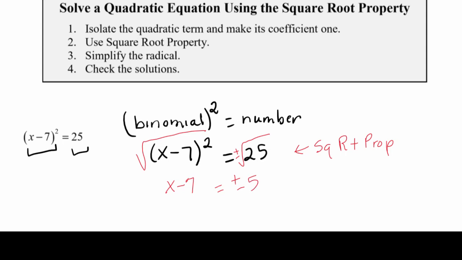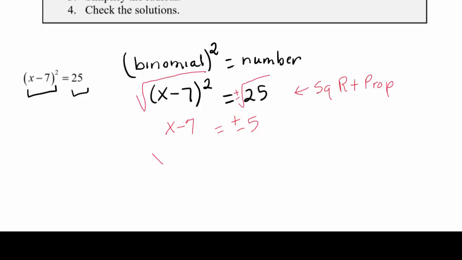So now we want to split those up into two equations to solve for x. The first equation would be x minus 5 equals 5, or the second equation, x minus 5 equals negative 5. Solving for x, here we get a 10, and on this one we get a 0. This one is pretty easy to check, isn't it?